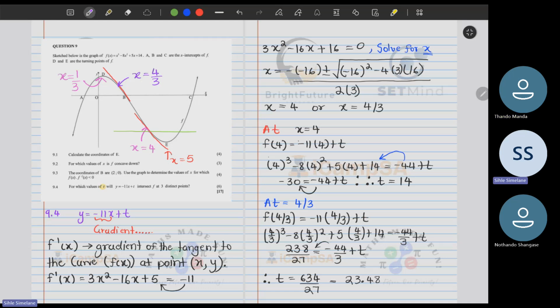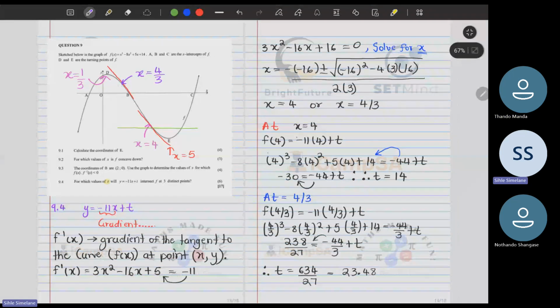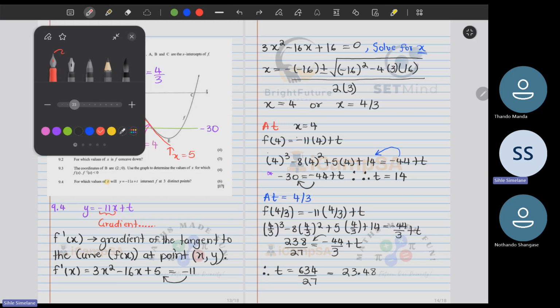So remember that what we found is our y value here was minus 30, which is just there. And then what we just found above at that point is our y value. We just use a different color, orange.